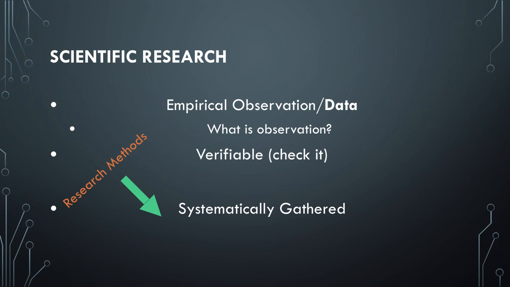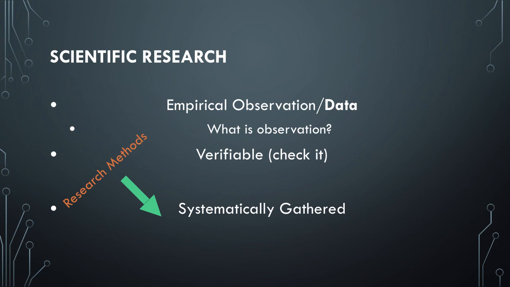The important thing is that it's verifiable, that if you go out and you say, I talked to a bunch of people, I can follow behind you. And that means that the way you get your observations, you get your data about your question, needs to be systematically done. And if it's systematically done, then I can go behind you and try to do the same thing you did and verify or disprove what you did, which is key to the scientific process.